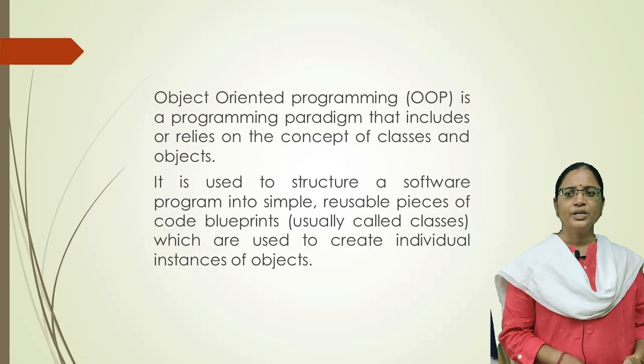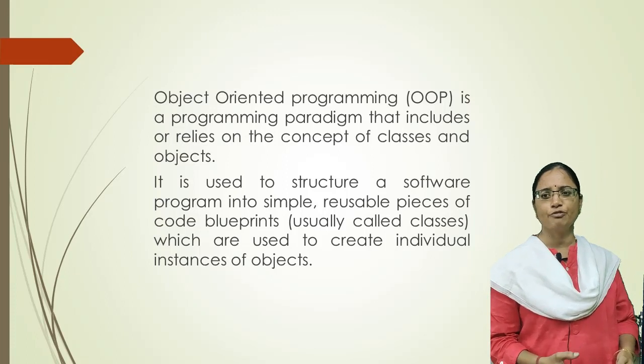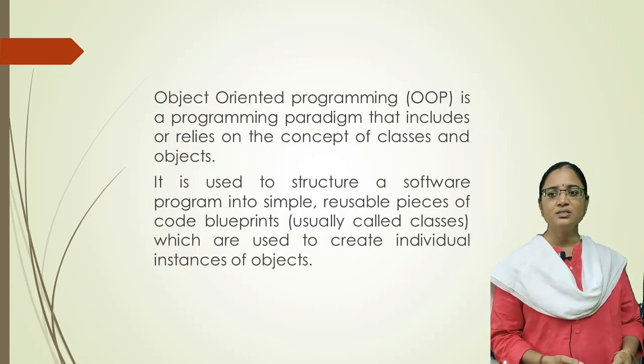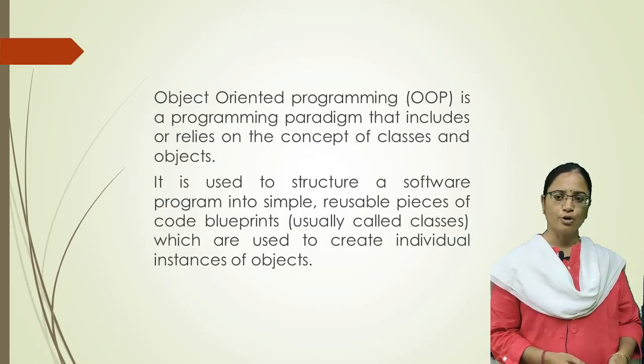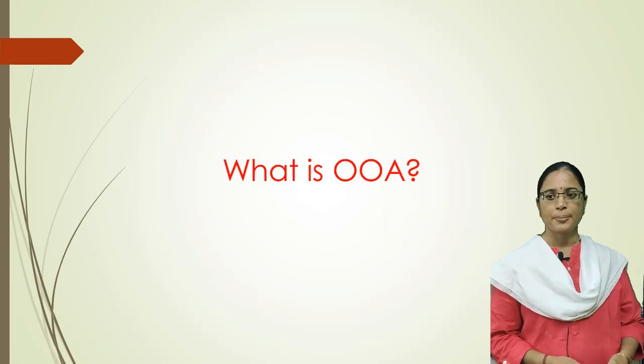So, in object-oriented programming, we use the concept of classes and objects to build software programs, and we reuse those pieces of code blueprints to create individual instances of objects.